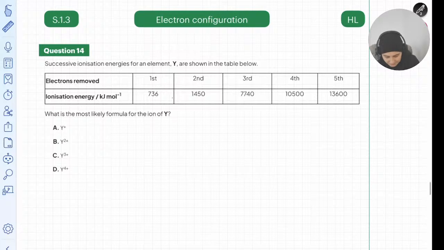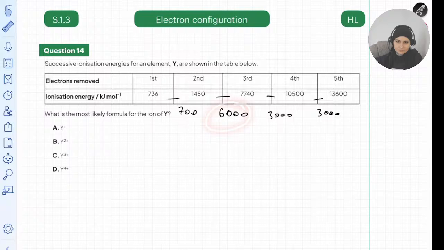So, for example, between the first and the second, approximately we have 700 kilojoules. Between the second and the third, approximately 6,000, even more. Between these, it's like 3,000. And then again approximately 3,000, right? And you see 6,000 is much higher than what was before and much higher than what comes after.